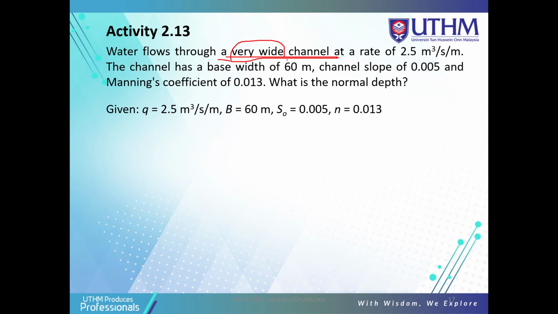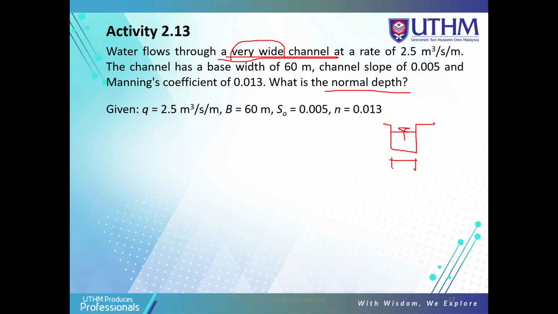The water flows at a rate of 2.5 meter cube per second. The channel has a base width of 60 meter, channel slope of 0.005 and Manning coefficient of 0.013. What is the normal depth? Find the normal depth using the very wide channel, which is a rectangular channel.